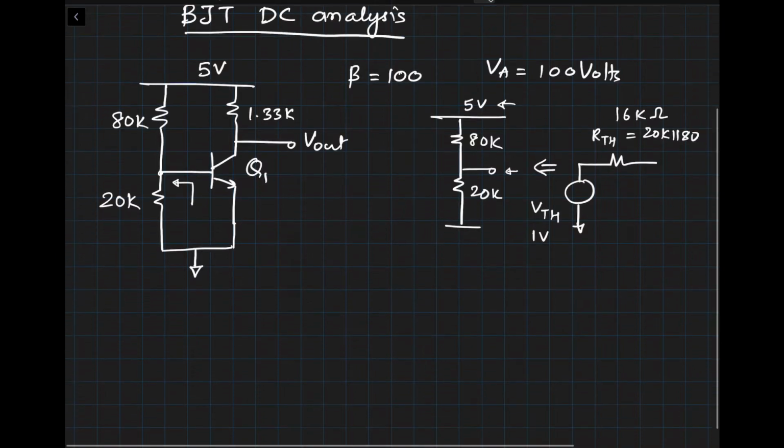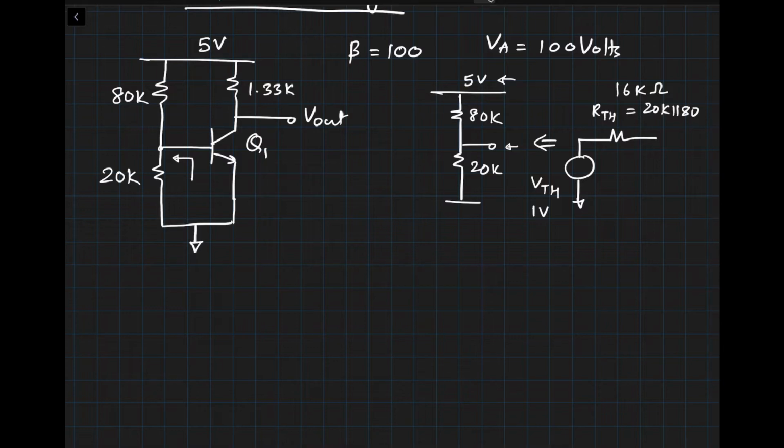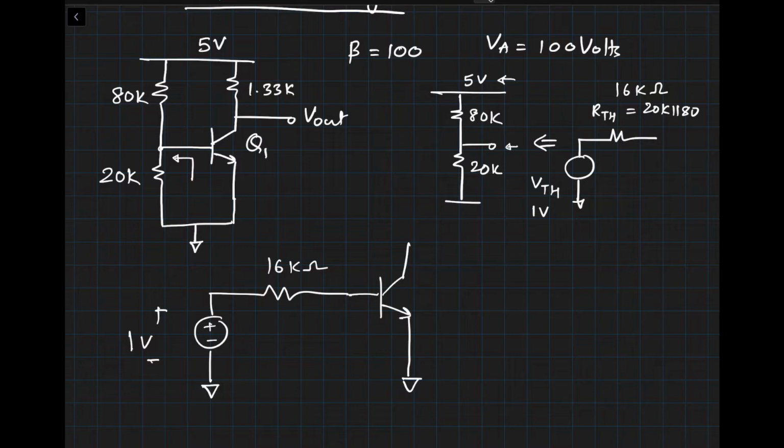Now I can draw the circuit again, and it's going to look like this, and we will assume a VBE on for the bipolar transistor equal to 0.7 volts. This is 1 volt, so we can safely assume that the bipolar base emitter junction is turned on and VBE is equal to 0.7 volts.